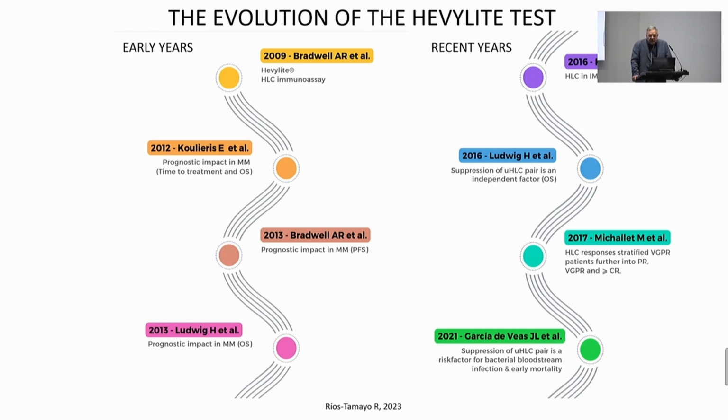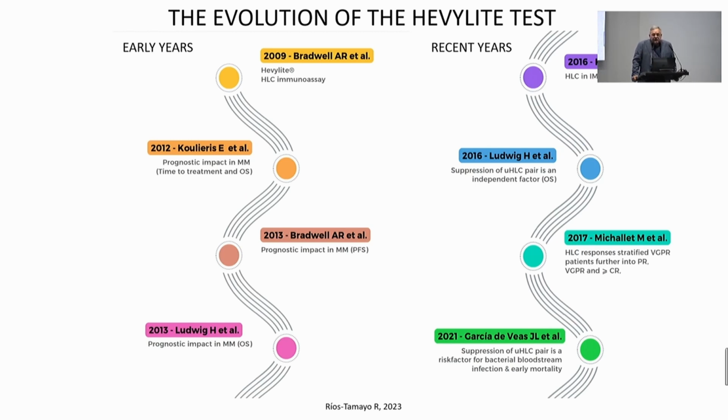In the same year, Dr. Ludwig demonstrated for the first time that the uninvolved pair is an independent prognostic factor for overall survival. The next year, the French group of multiple myeloma demonstrated in a clinical trial that the Hevylite was able to better discriminate the response of the patients, particularly in patients with standard very good partial response.